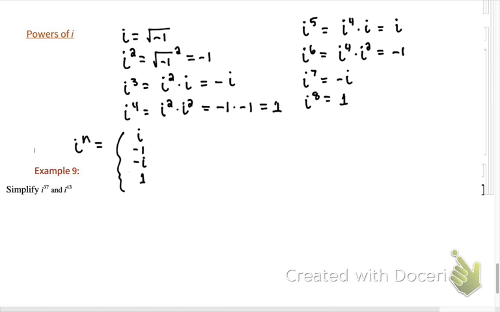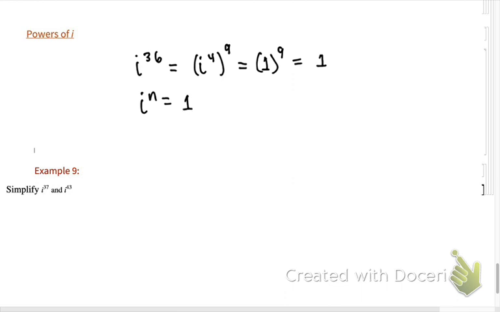Now there is a nice way to do powers of i without doing a whole lot of work. I base everything I'm going to do on i to the fourth equaling 1.